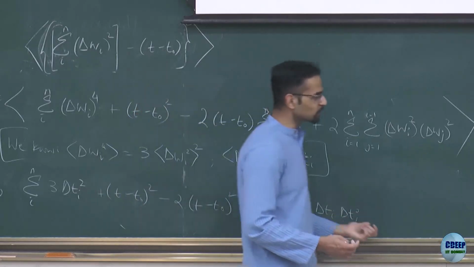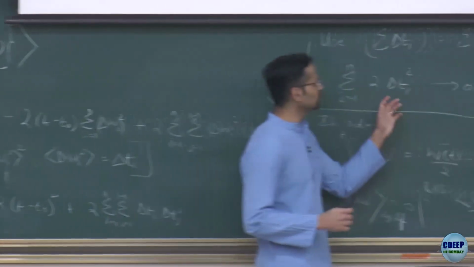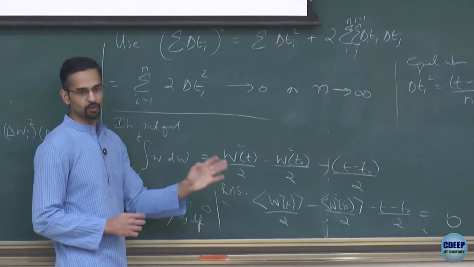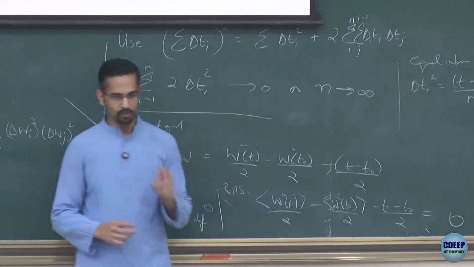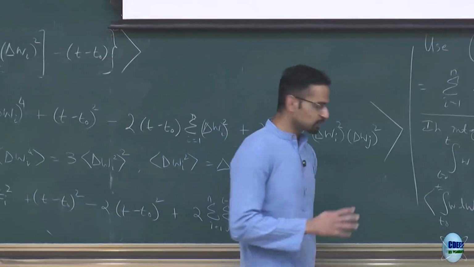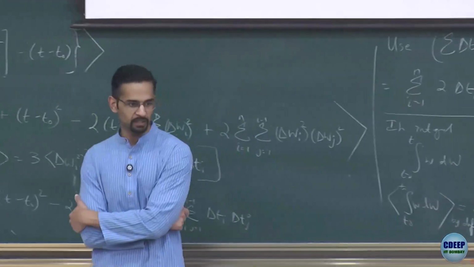But what I'm saying is, intuitively, if you think of it this way, you can still say that if I have something like g delta wi square, it is going to behave like g delta t. And that's why that delta t survives. When you have delta wi square, that will survive. Any higher order powers will drop out. So it's coming because dw, that increment, behaves like root dt.